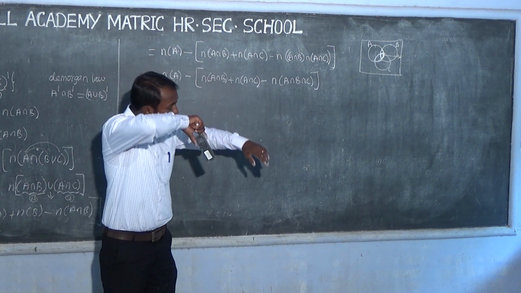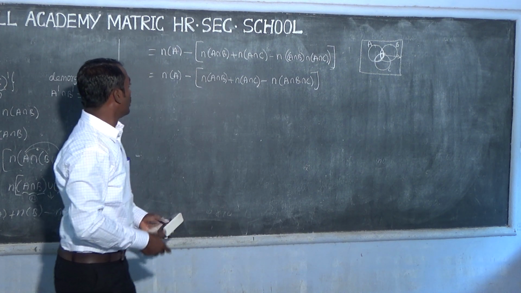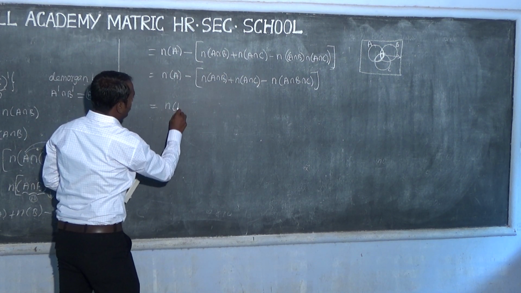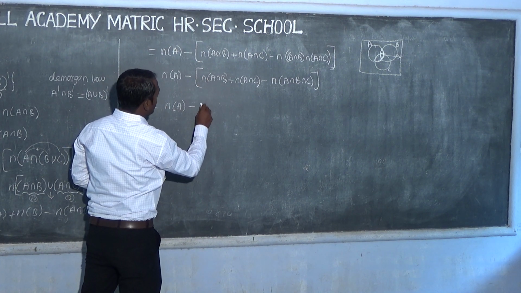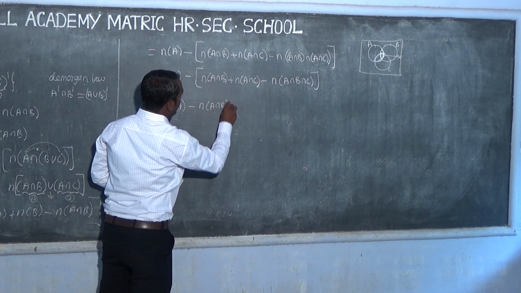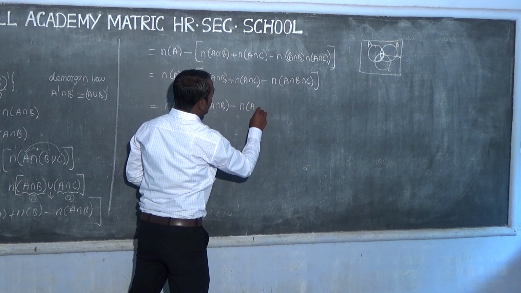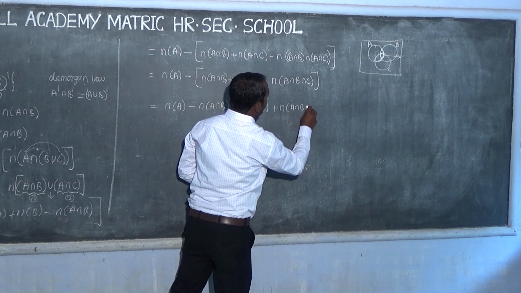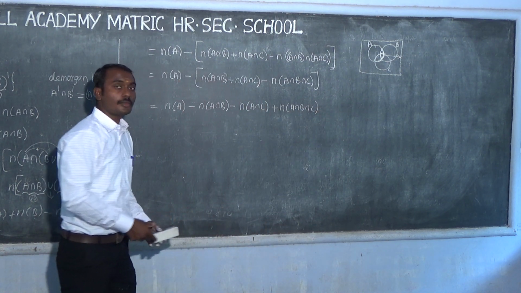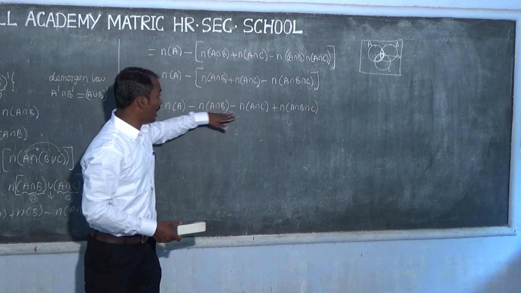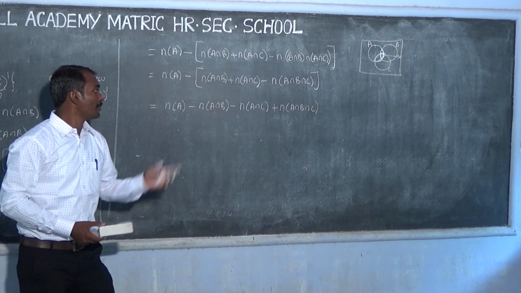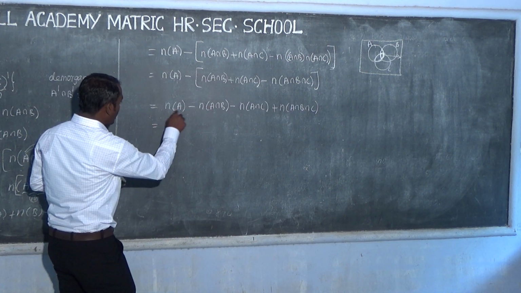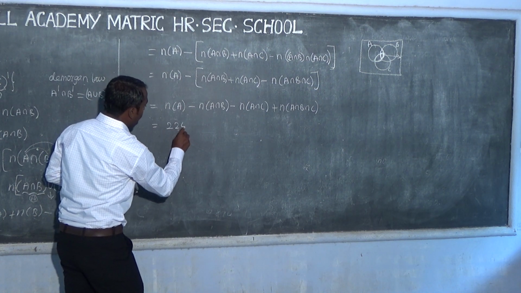Okay, I think you are able to understand this problem. Now I give the minus sign to all the values: n of A minus n of A intersection B minus n of A intersection C, minus into minus, so plus n of A intersection B intersection C. Then n of A value is 2250.